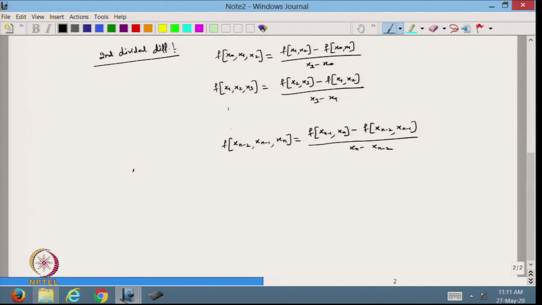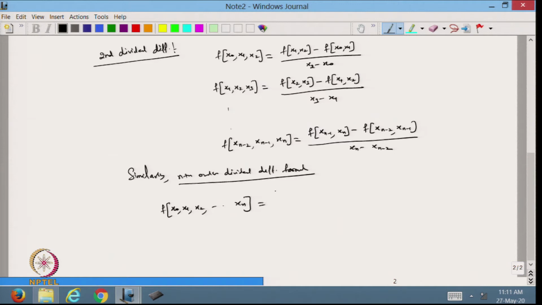Similarly we can define the nth order divided difference formula. In that case I am writing f[x0, x1, x2 up to xn].